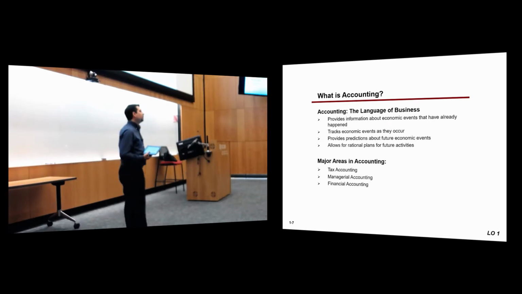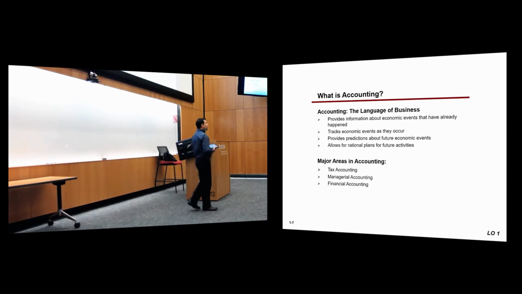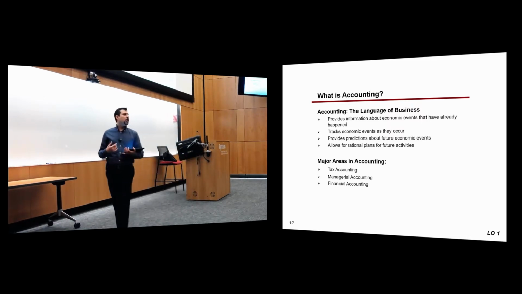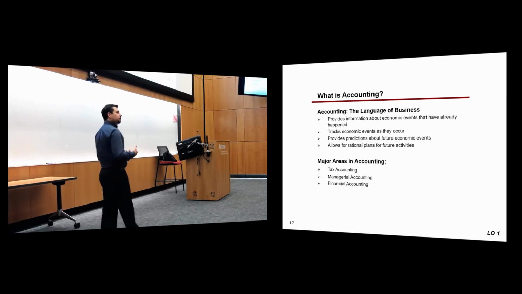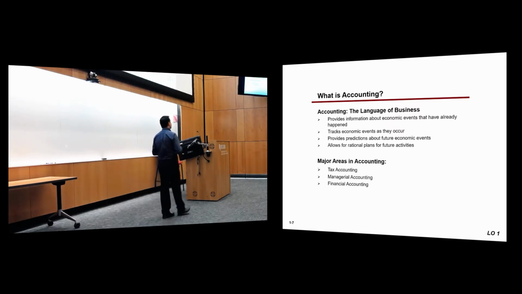So we start with accounting. Accounting is the language of business. Why do we say that? Well, accounting provides information on how the company is doing. Okay? What are the sales revenues? What expenses has the company recognized? Is the company making money or losing money?